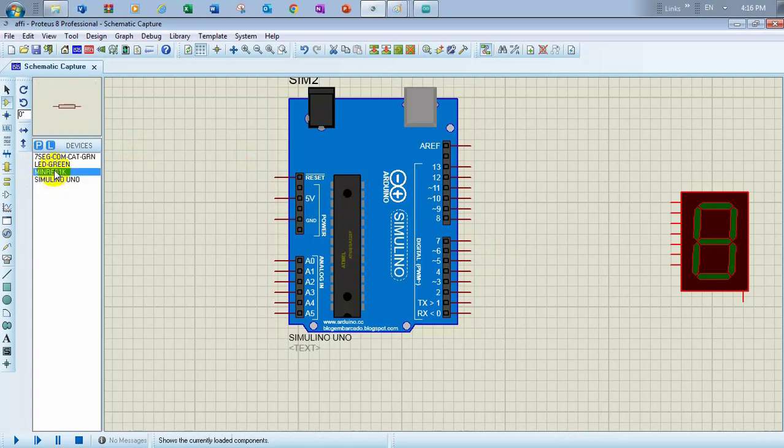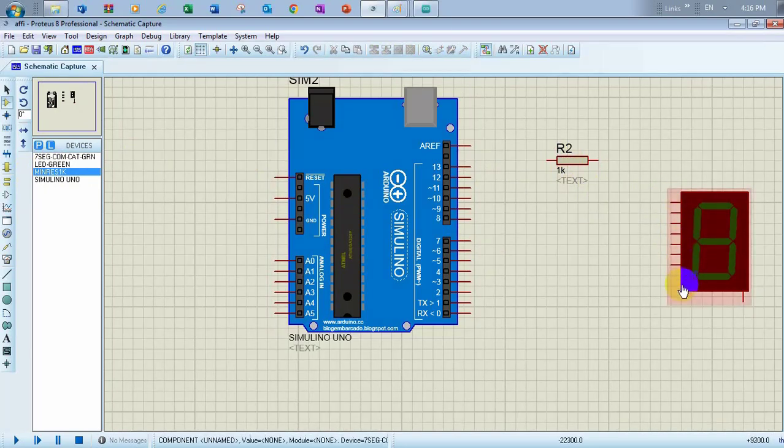How many legs do we have? 1, 2, 3, 4, 5, 6, 7. We have 7 because we have 7 segments.